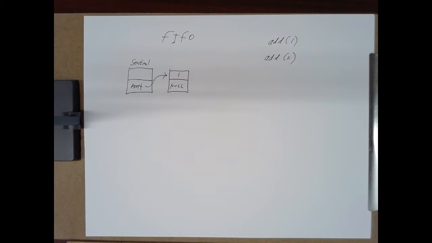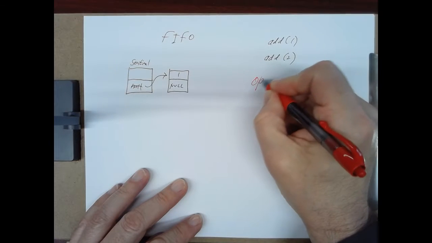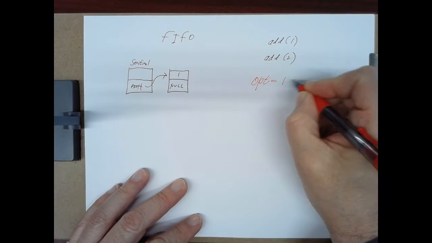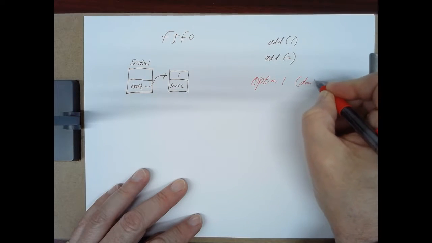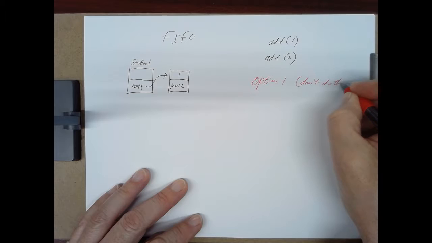We can add it to the beginning and remove from the end, or we can add to the end and remove from the beginning. Right? Shouldn't make any difference, but there's a performance difference that's going to be critical. So option 1 is not what we want to do. So don't do this.